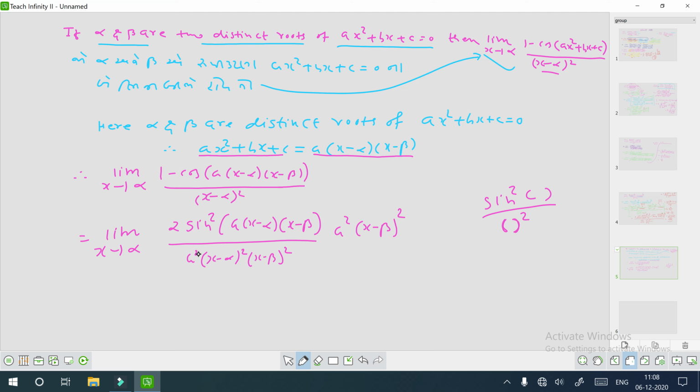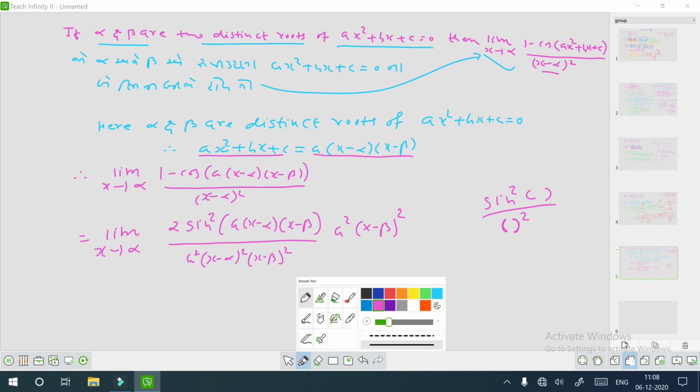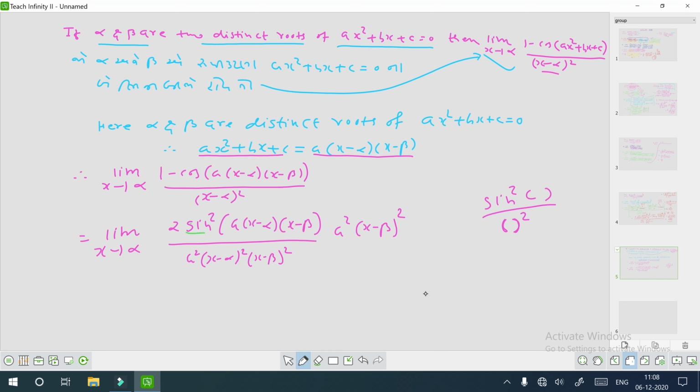Now you can see that sine square of some angle over that angle square comes out 1. Now here a square is there, here 2 is there, so take it outside.